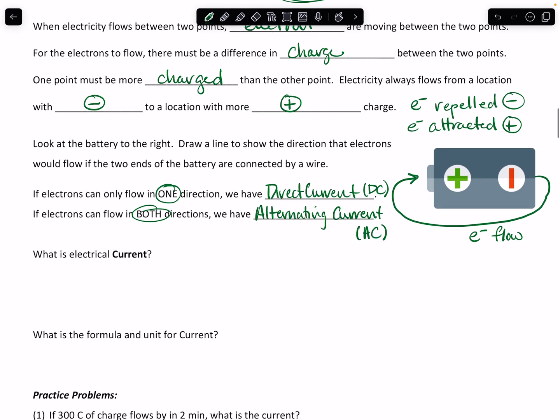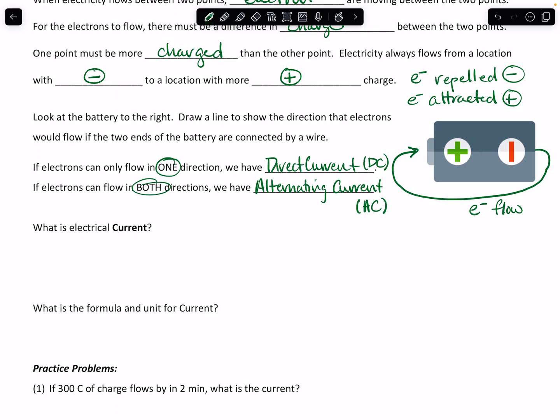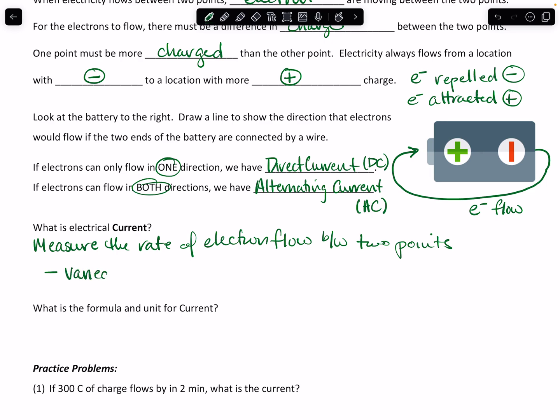So what is electrical current? Current measures the rate of electron flow between 2 points, and those 2 points have to have varied charge or nothing is going to move.